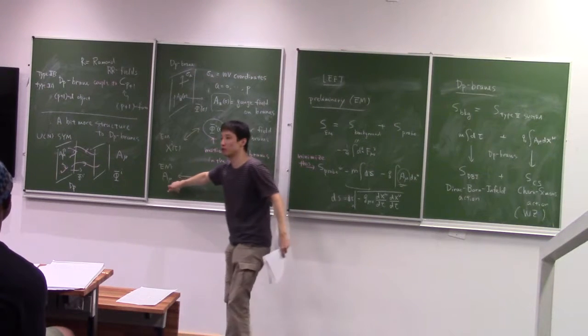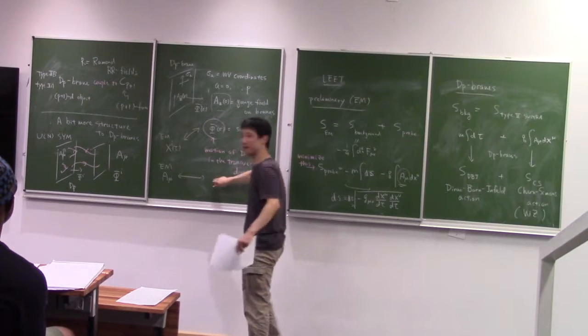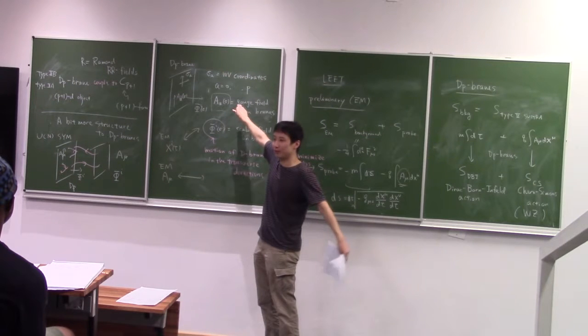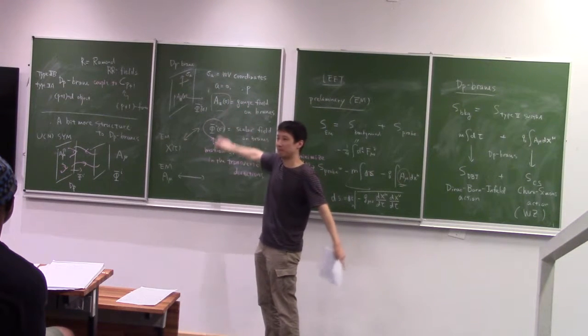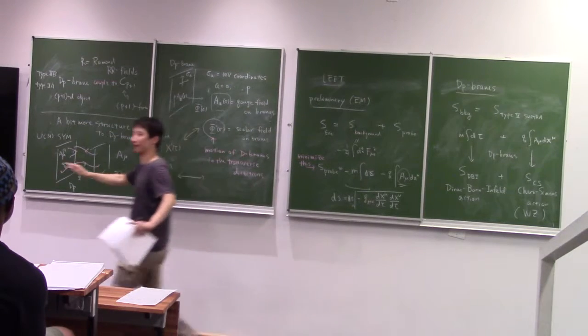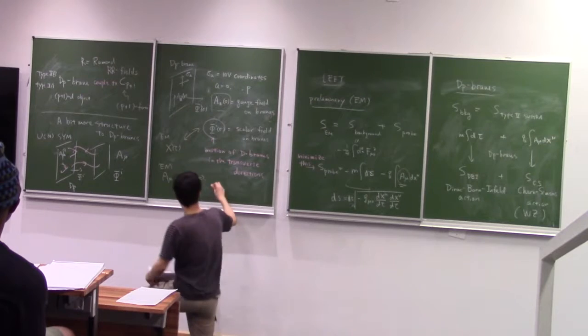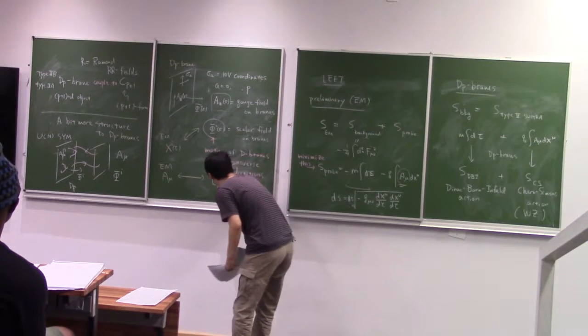This is supposed to be a background field, yes? So the background fields you have for D-p branes. Anything? C. Yes, good. So C, first, the p plus 1 form.